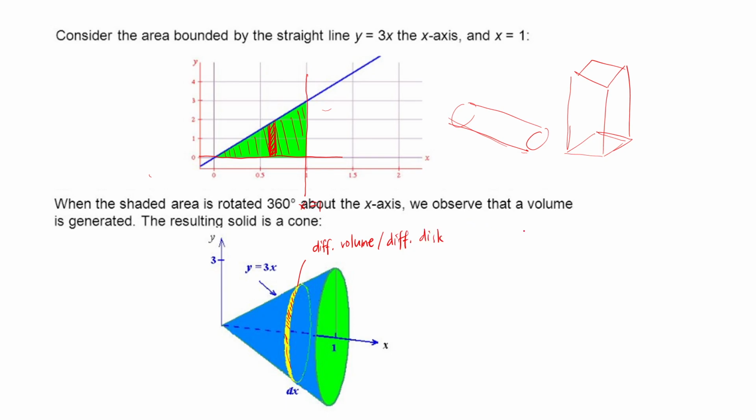Because it looks like a plate, a disk, or a hockey puck. This particular disk will be used in our solution later because the formulas will come from the differential volume.